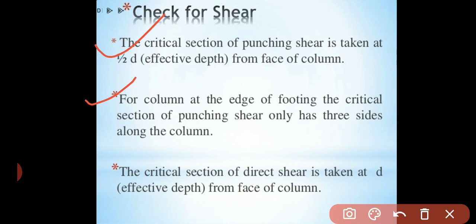The critical section of direct shear is taken at d from the face of column. For one way shear it is at a distance of d. This is also discussed by us already.